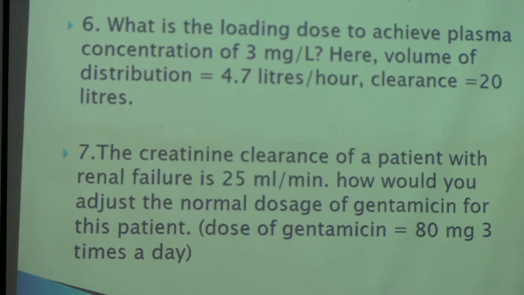So the creatinine clearance of a patient with renal failure is 25 ml per minute. How would you adjust the normal dosage of gentamicin for this patient, where the gentamicin dose is given 80 milligram 3 times a day? How will you calculate?